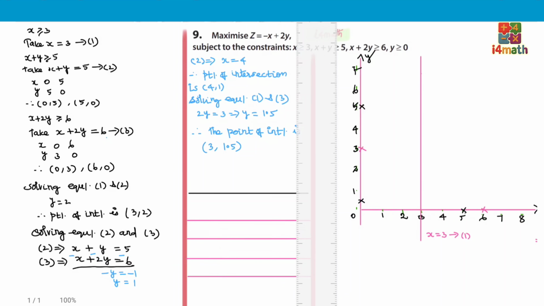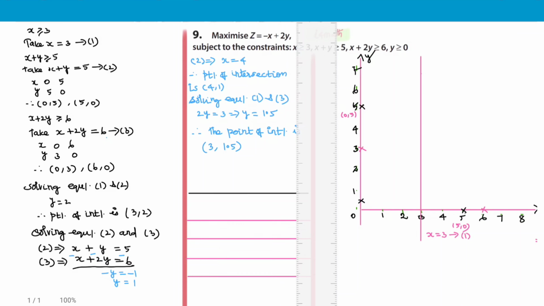Next, you see the equation 2, x plus y which is equal to 5. The points 0, 5 and 5, 0 are points on the equation number 2. Now 0, 5. So this is called 0, 5. And then 5, 0. This is called 5, 0.